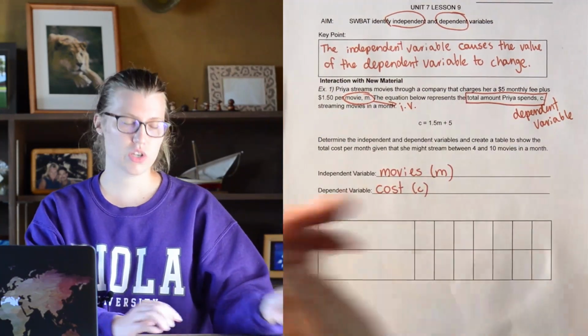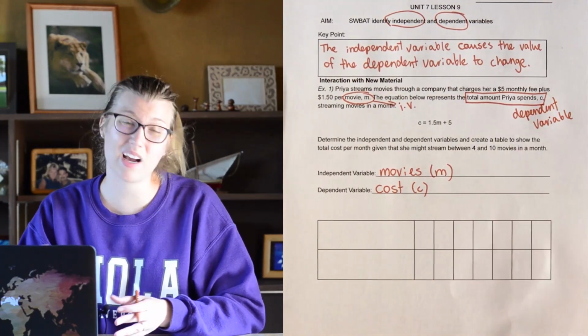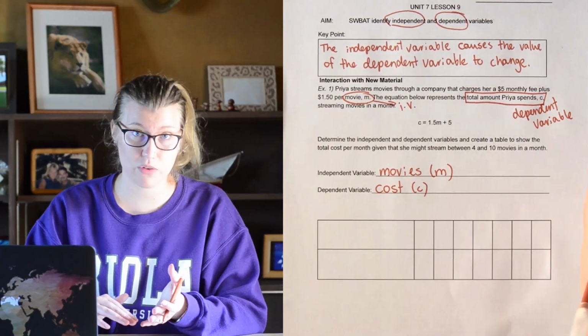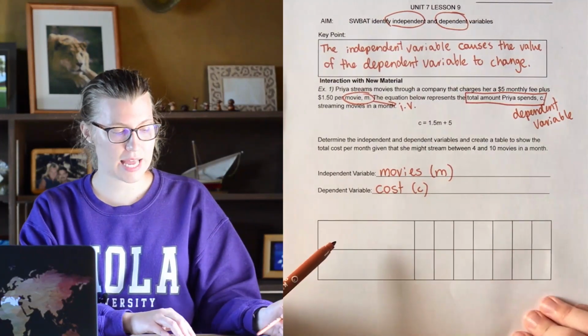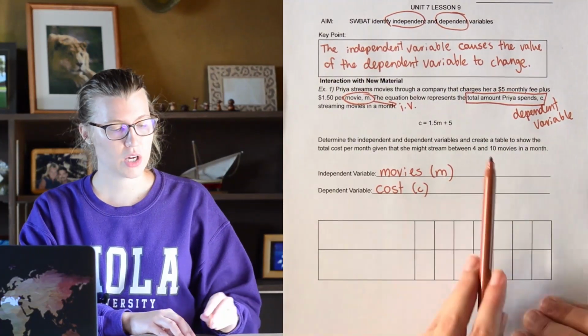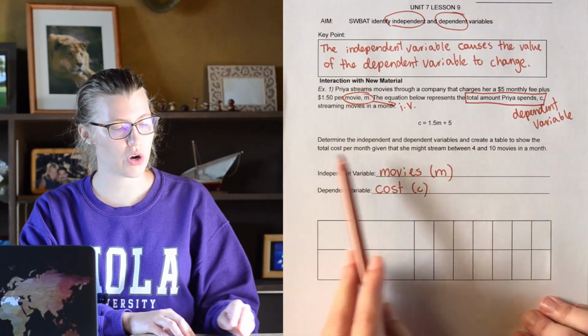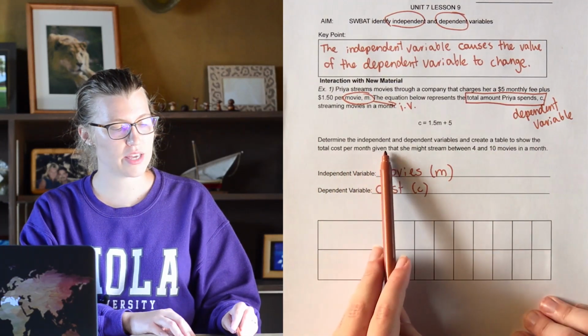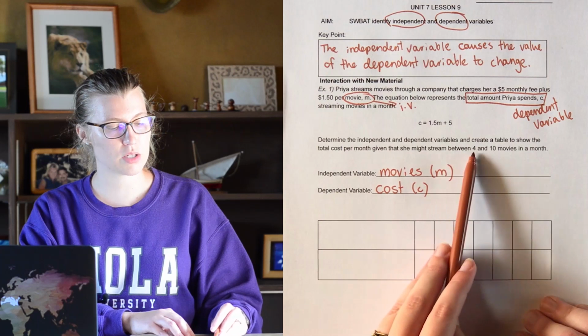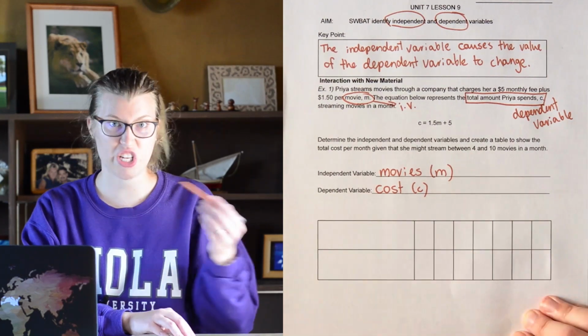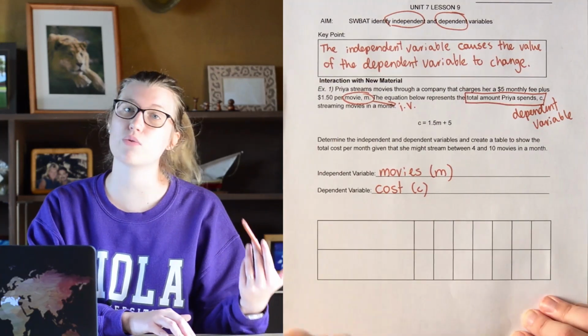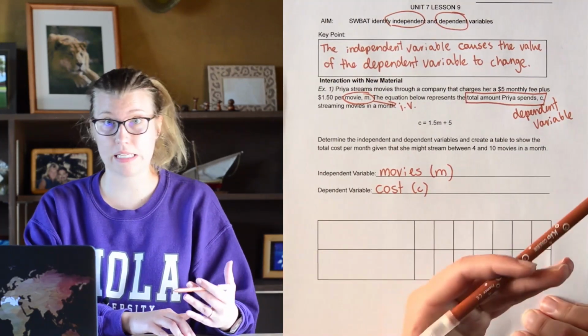Okay? So that's the relationship between the two. My cost depends on how many movies I watch. The movies is what I get to decide. So my next part of this problem says, create a table to show the total cost per month given that she might stream between 4 and 10 movies in a month. Right? That's what I said. She gets to decide how many she's going to watch between 4 and 10.